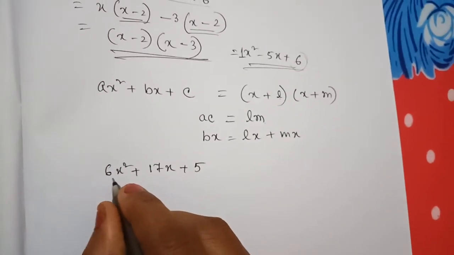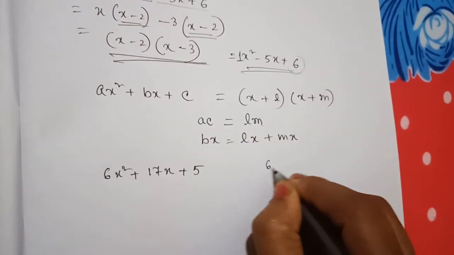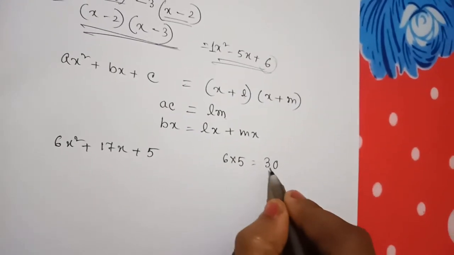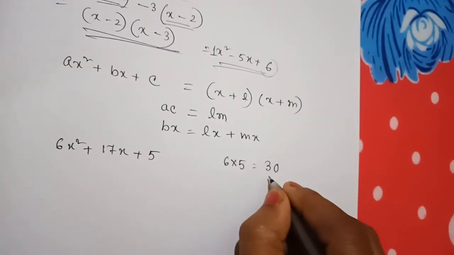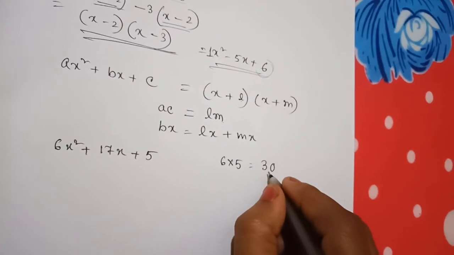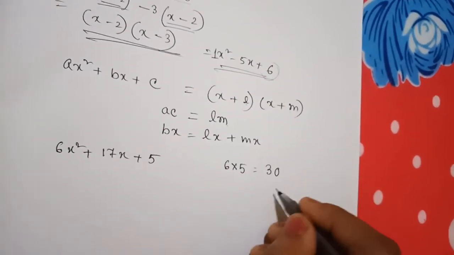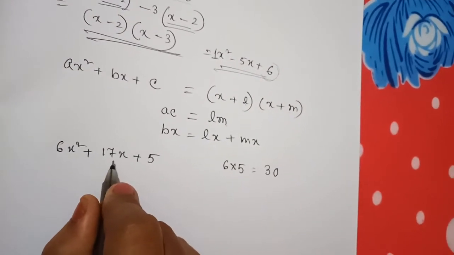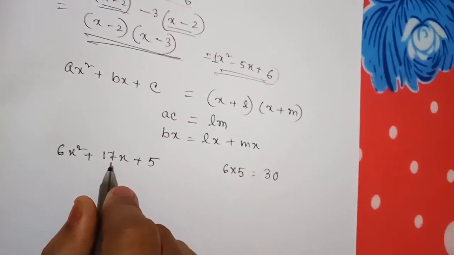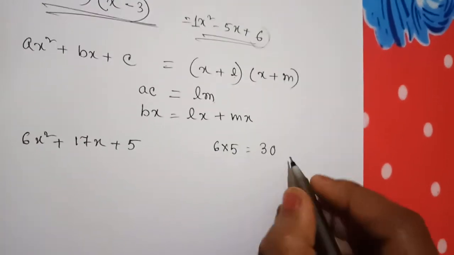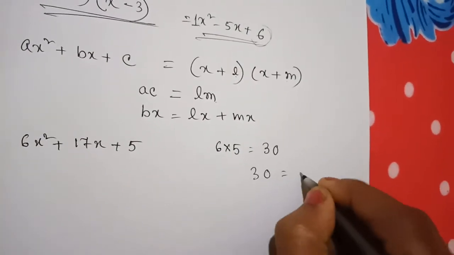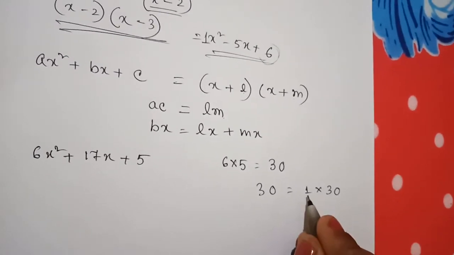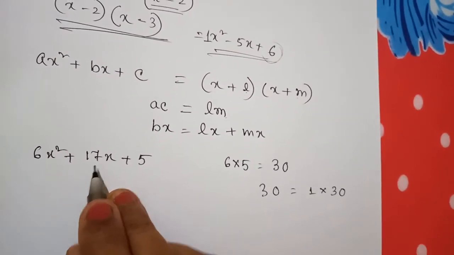We will first multiply 6 and 5. So 6 into 5 equals 30, right? We will factorize 30 in such a way that the two factors of 30 give us the addition or subtraction as 17. So 30 can be written as 1 into 30, but 30 and 1 will not give us 17.